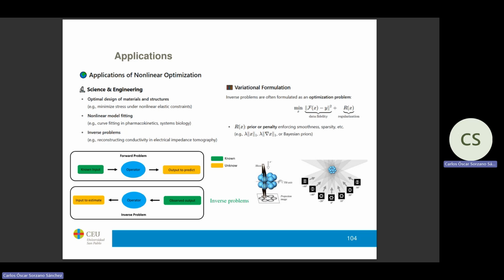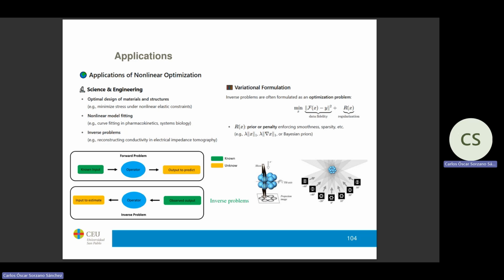So let's say that you have, here, this example is taken from structural biology. Let's say that you have a protein or a molecule, and then you put it into the electron microscope, and then the electron microscope generates images.